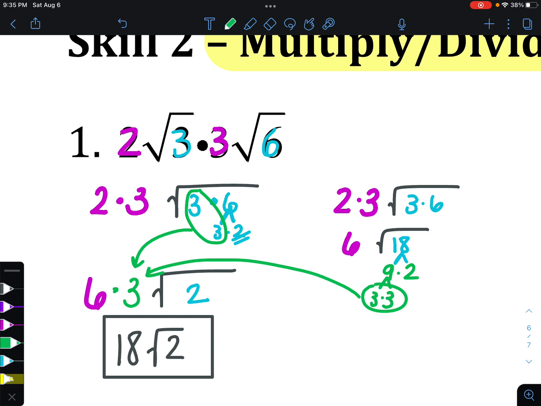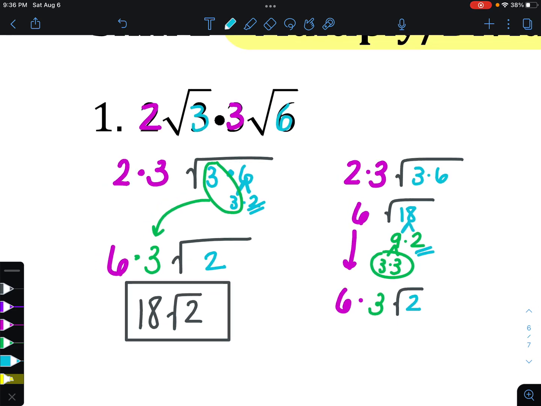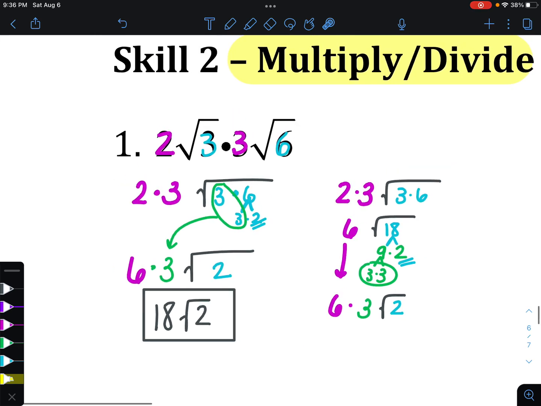So we would end up with the same answer. We just took one tiny little extra step to get there, right? Because the 6 would come down, and then we'd have the radical 2. So we'd end up with the same answer of 18 root 2. It was just, were we going to multiply the 6 times 3 and get the 18 and then simplify? Or would we just start simplifying right away? It doesn't matter. Whatever makes most sense to you.